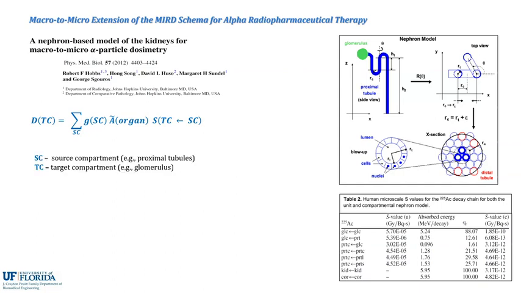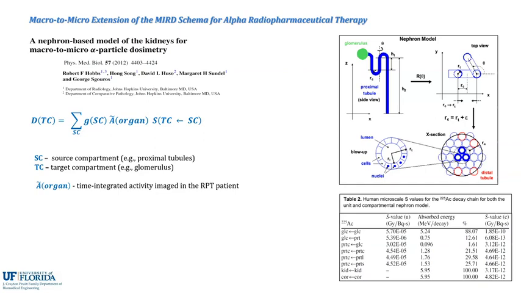And so the MIRD schema in this case, instead of source region and target region, we define source compartment and target compartment, which are really anatomic microscopic regions of the organ. In this case, for example, the source compartment could be proximal tubules, the target compartment could be the glomerulus. A tilde is what we've defined before.